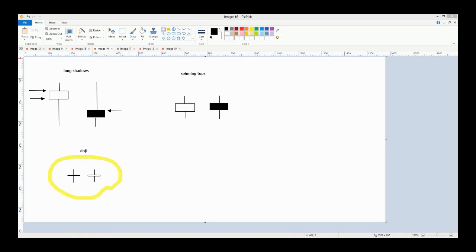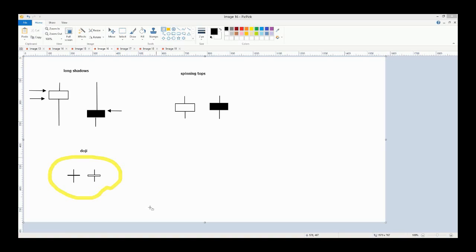Of course, ideally, the open and close should be equal. And with this, if the open and close is equal, then the doji is considered more valid. But of course, as we said, we need to look at why this has happened, and mainly has happened because the bulls or the bears did not have any control over the trading session, and they created this candlestick.